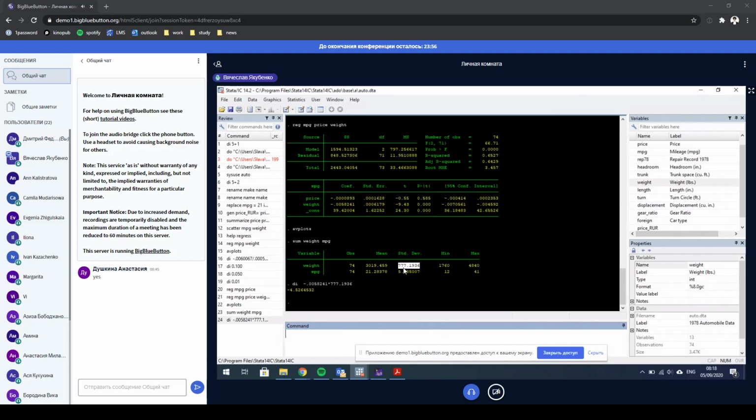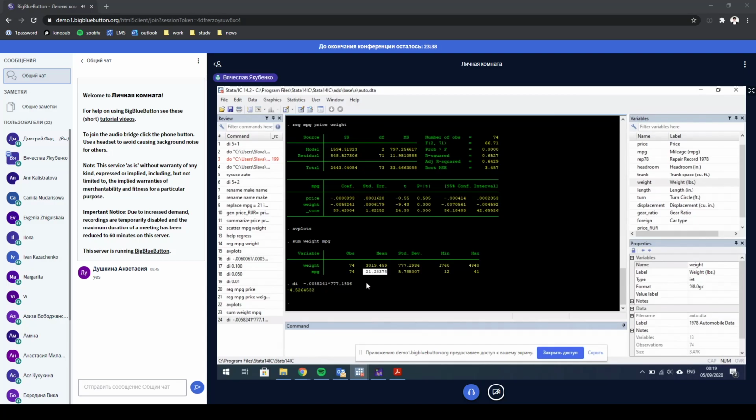If we increase the weight of some random average car by that amount, we see that the mileage decreases by 4.5. And this is roughly 25% of the mean.